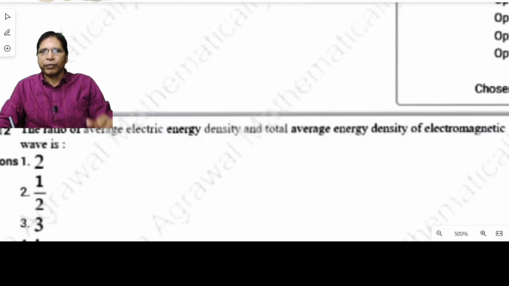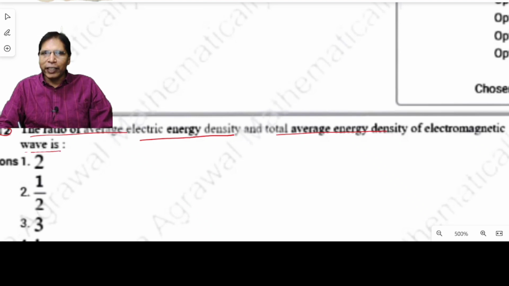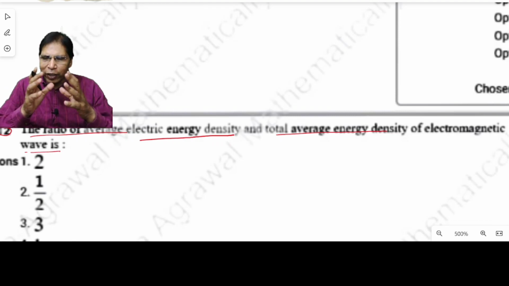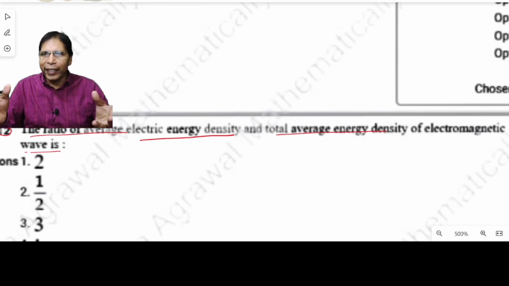Okay, question number 12. The ratio of average electric energy density and total energy density of an electromagnetic wave. You know, the total energy density of an electromagnetic wave is equally shared between the electric field vector and the magnetic field vector.